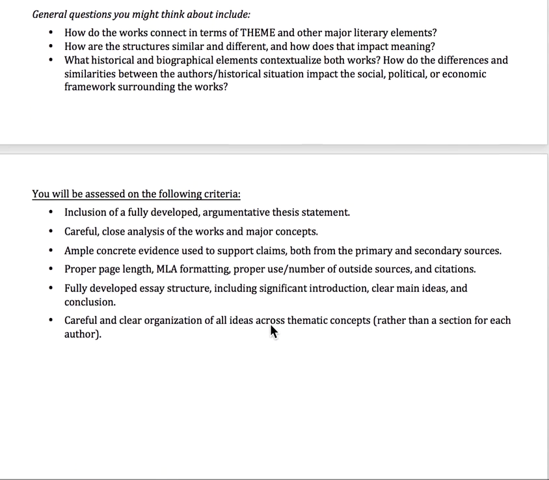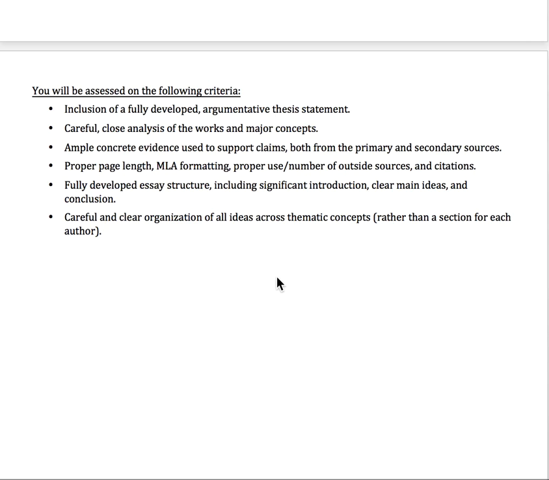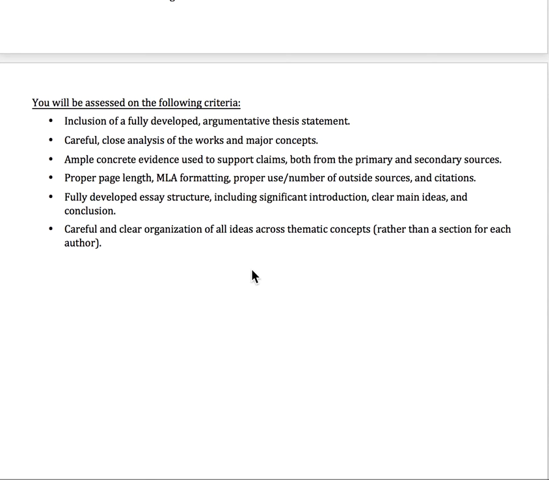So you're going to be looking at the following as your criteria. Make sure that you have a fully developed argumentative thesis statement which introduces the works and why they're similar and different and why that matters. Careful, close analysis of the works and its major concepts. Lots of good evidence, both from the texts themselves and from the scholarly sources that you are including.